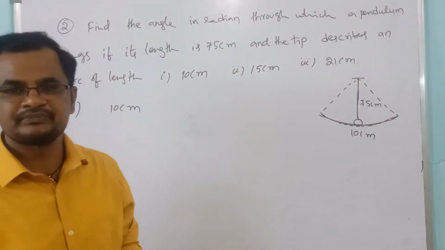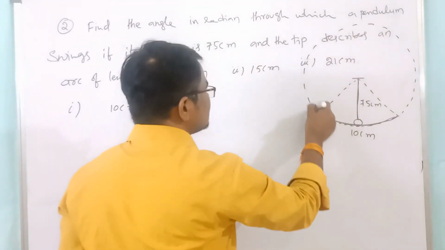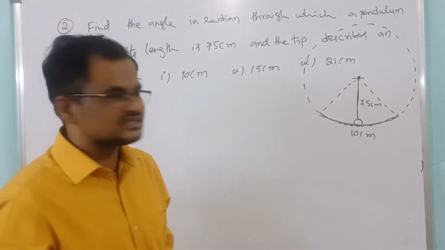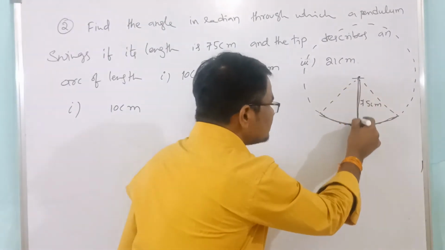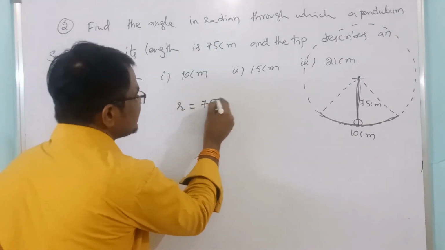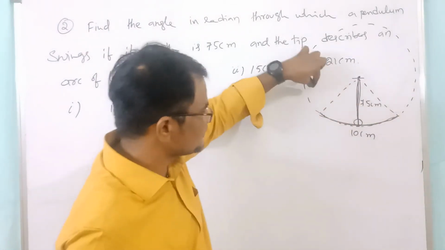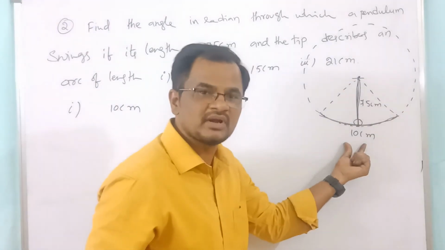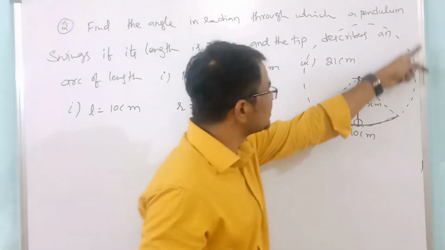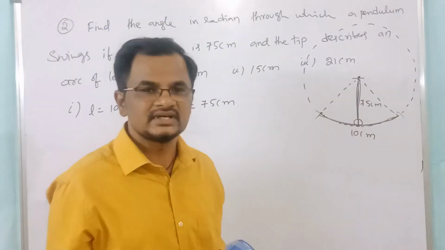Once you observe, if you take this as a circle, this is the center of the circle, and the radius is given, r equal to 75 centimeters, right? This pendulum is swinging like this. The tip describes, for the first problem, 10 centimeters, means L is given. For this circle, this is the length of the arc only, here to here, right?